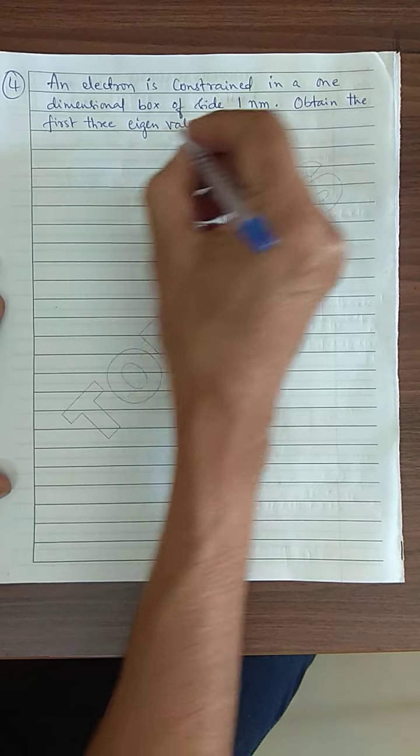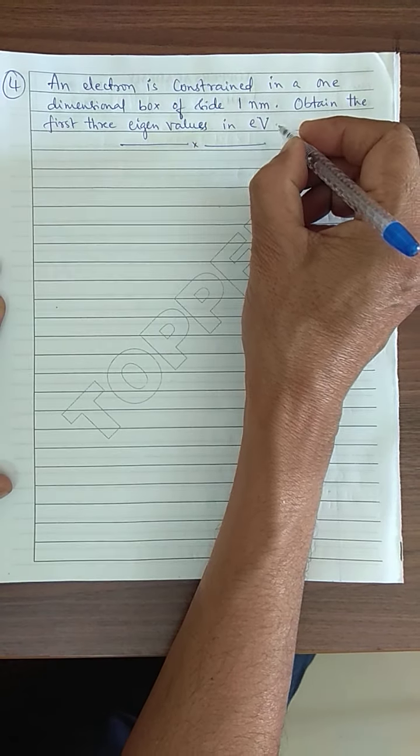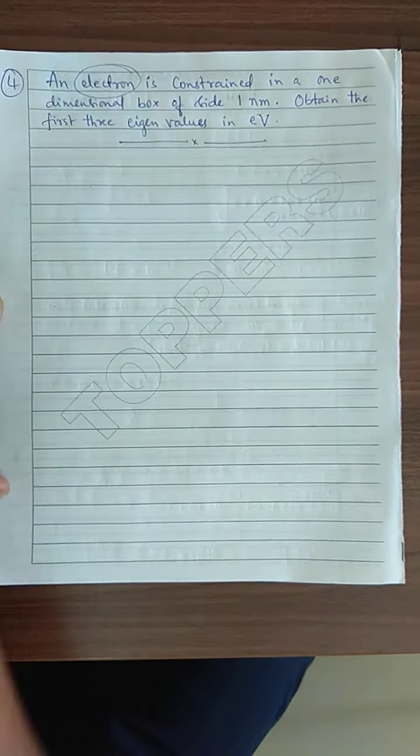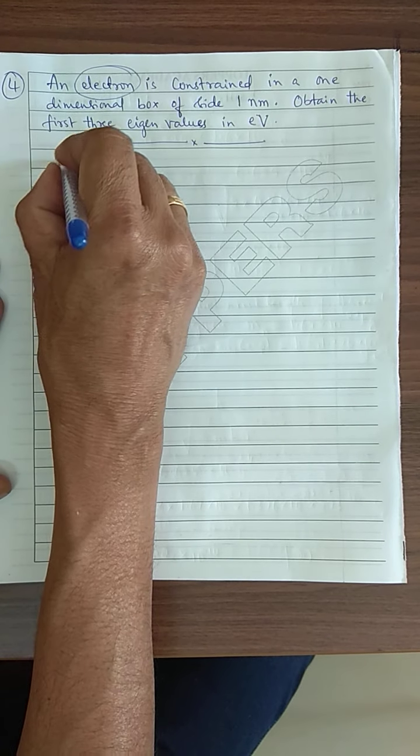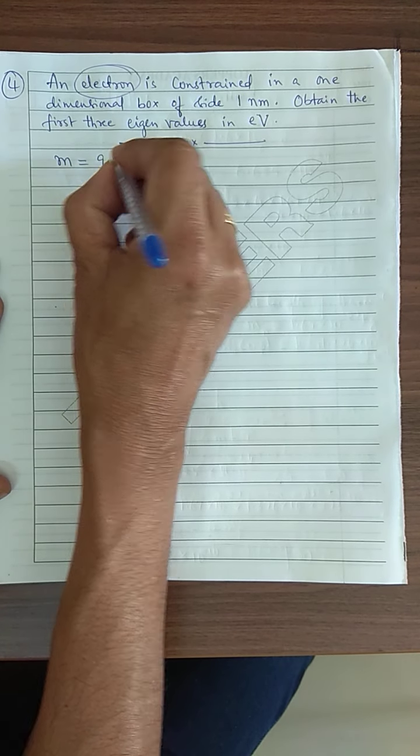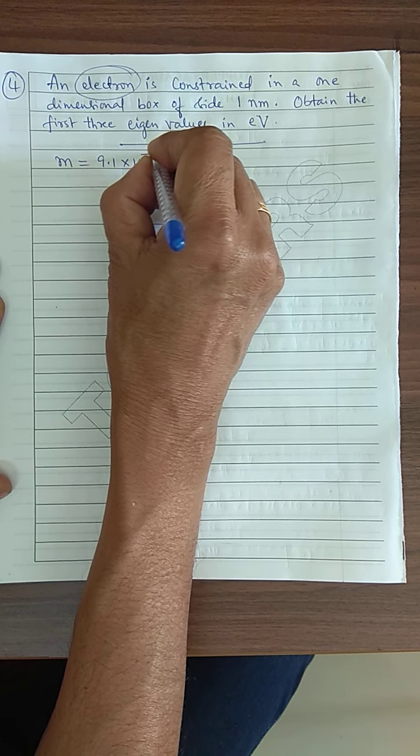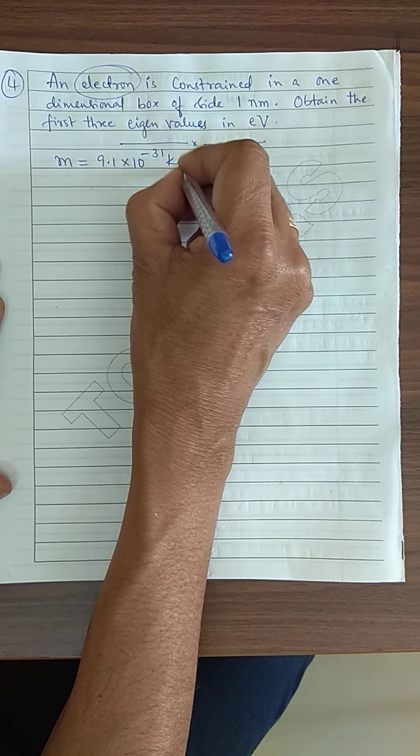Okay, data. He says electron, is it right? We know that the rest mass of an electron is equal to 9.1 into 10 to the power minus 31 kg, standard value.